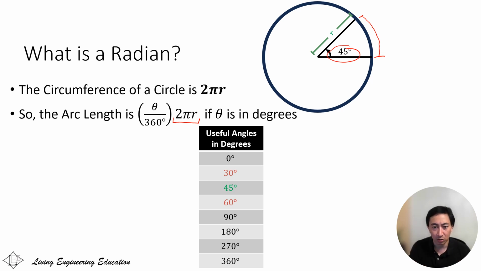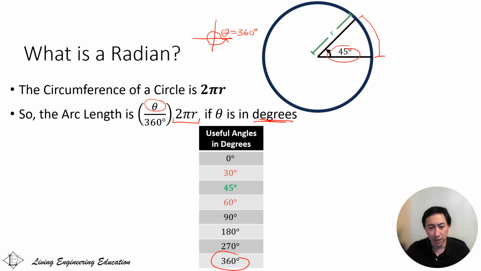So if we talk about this in terms of degrees, we would need to take whatever theta is in degrees and divide it by the full circle, right? In which case we know that's equal to 360 degrees. 360 degrees is if I take an angle all the way across. This is 360.